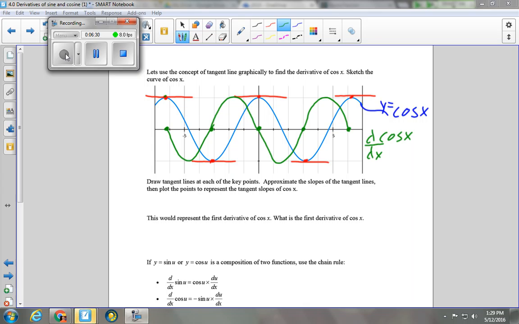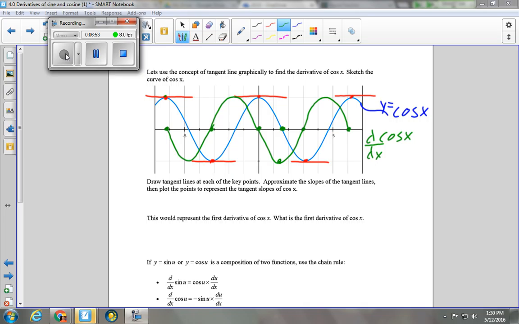Can you tell me what that graph looks like? Have you seen that graph before? Sine wave. Yeah, it's a sine wave. More particularly, when cos is equal to 0, what is the new graph at?